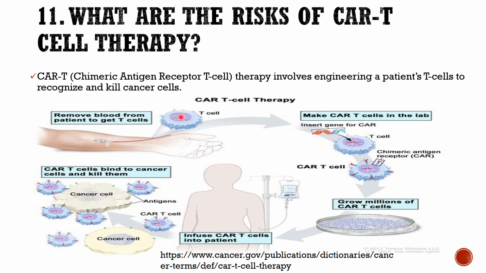The therapy involves engineering a patient's T cells to recognize and kill cancer cells. During manufacture, these are genes manufactured in a laboratory, where they take blood from patients in order to get T cells.